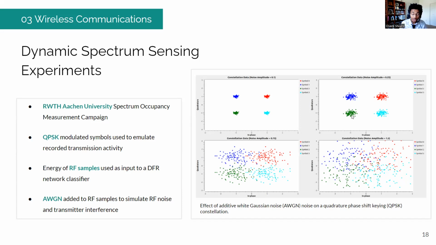And as a result, the energy of the spectrum at those different points in time also becomes pretty inconsistent. So with this first case, it's pretty easy to tell how much energy one of these symbols is going to have. But in future cases where there's a lot more noise, it becomes a lot harder to actually pinpoint the exact energy that a symbol is going to have to determine if a spectrum is going to be free or not.